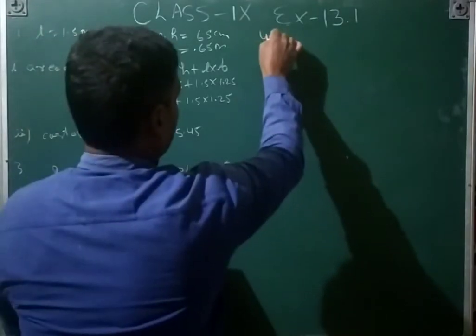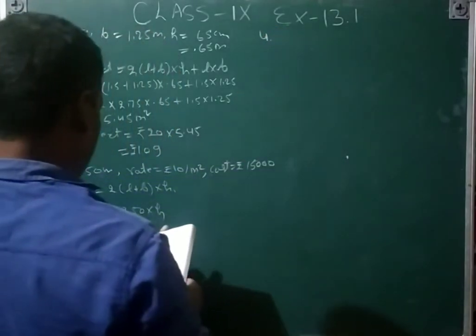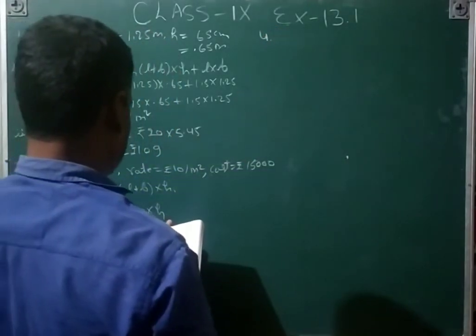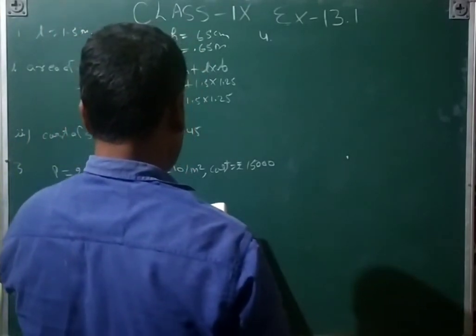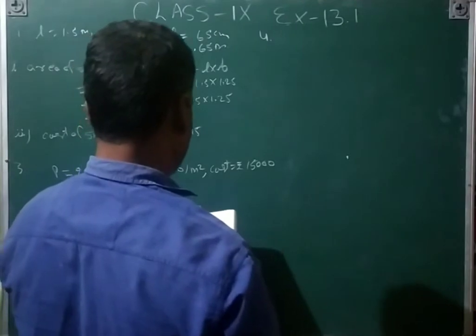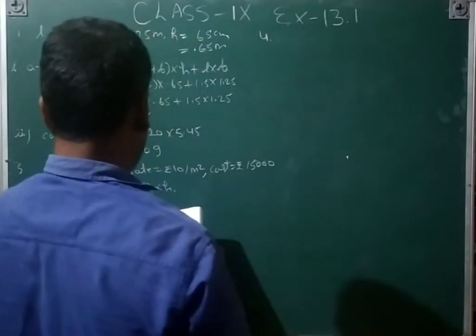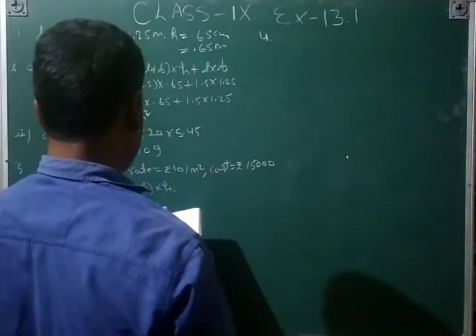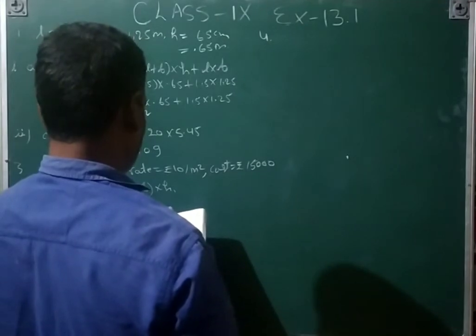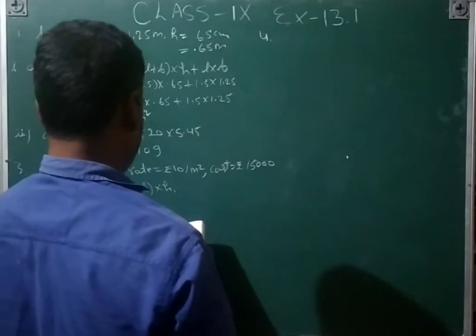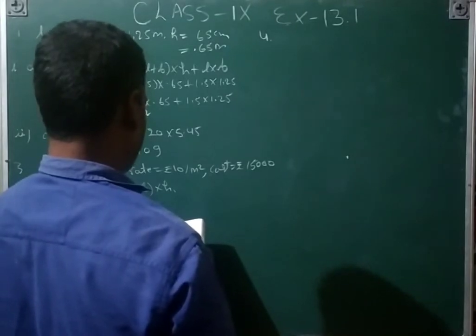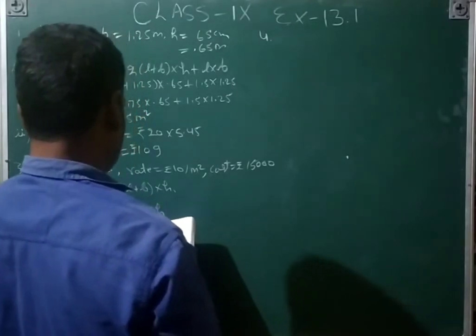Fourth question: the paint of a certain container is sufficient to paint an area equal to 9.375. How many bricks of dimension 22.5, 10, 7.5 centimeter can be painted out of this container?